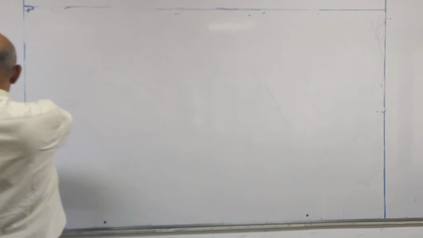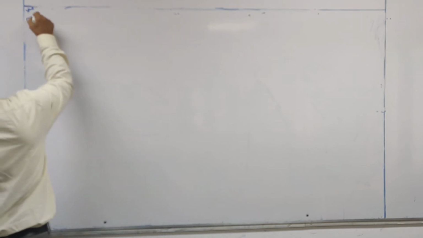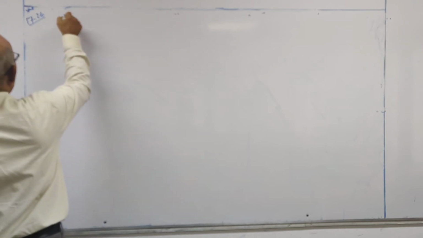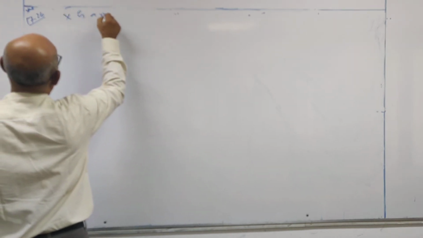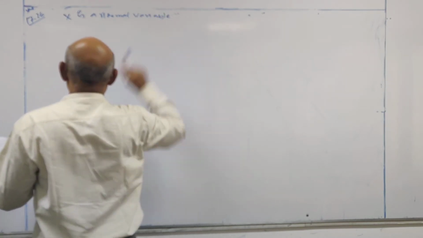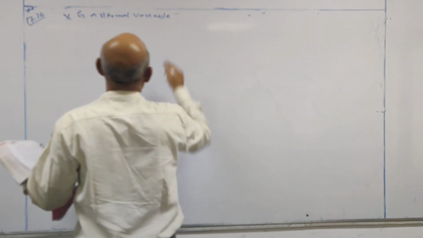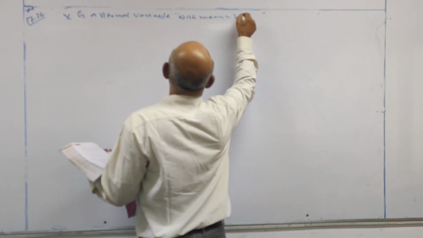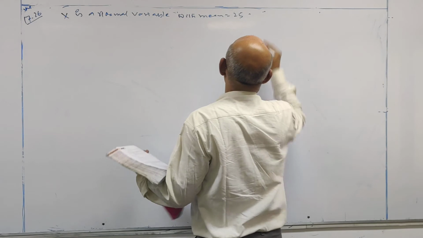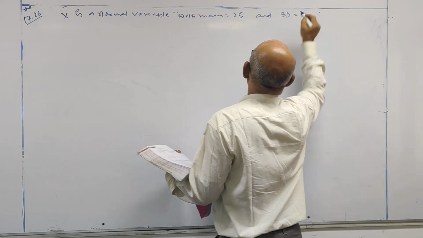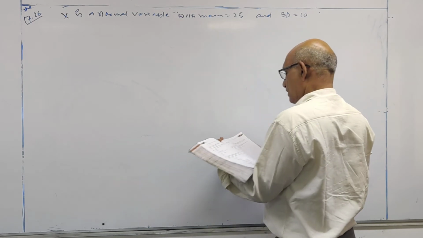Look at this example 17.26. X is a normal variable with mean equal to 25 and standard deviation equal to 10.